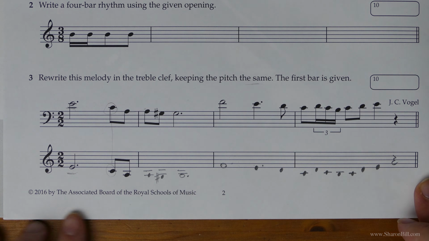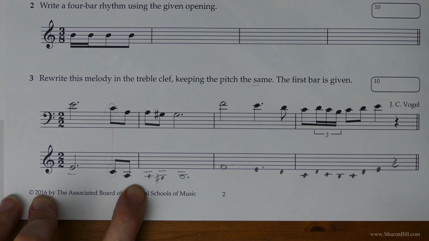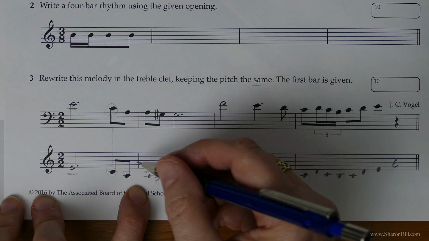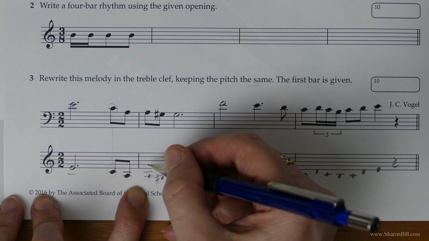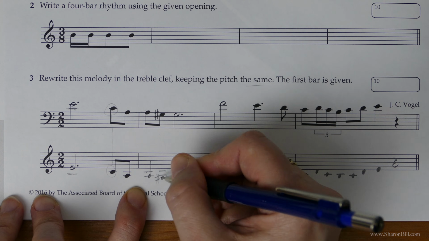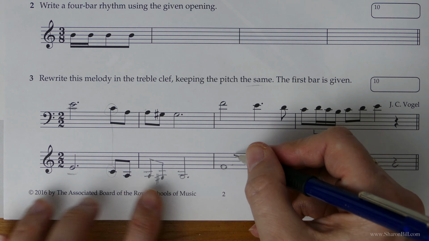So that's all the thinking done now. We've just got to add the stems, which of course will now be going the other way as they've shown us in this first bar, because we've gone low down and we're below that middle line now. So really they've done that bit of thinking for us.